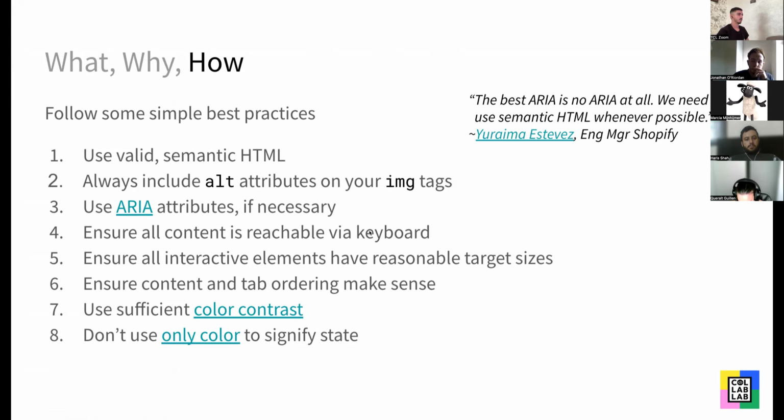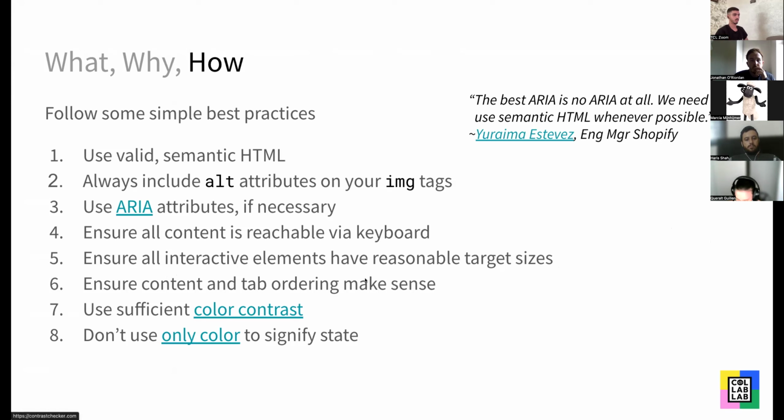Also ensure all content is reachable via keyboard so that you can navigate the website via your keyboard. Ensure all interactive elements have reasonable target sizes. For your buttons and anything interactive, it's much better to have a big area where the user can click instead of a very small one that people will struggle to click on.